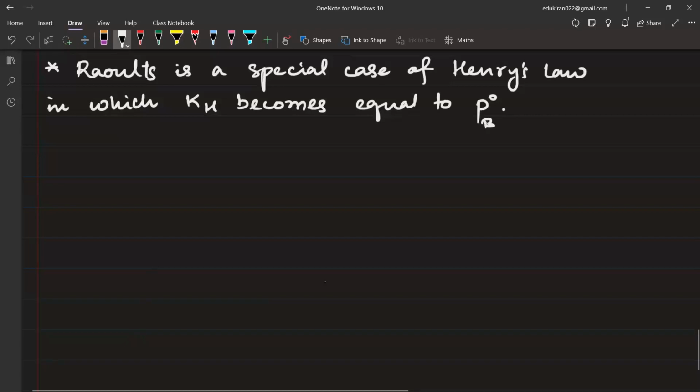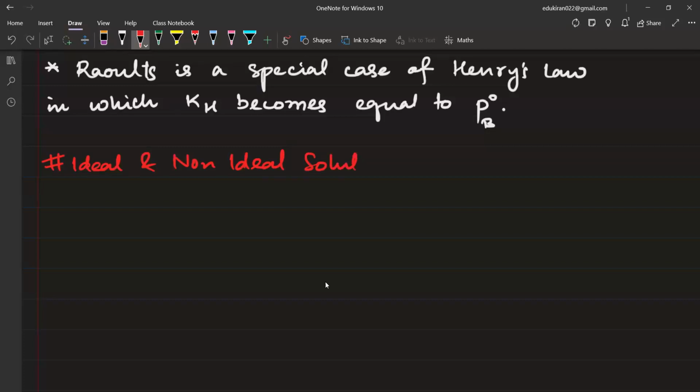Right, next. Ideal and non-ideal solution. In this, first of all, we are going to look at the ideal solution. A solution which follows Raoult's law over the entire range of concentration is known as an ideal solution.